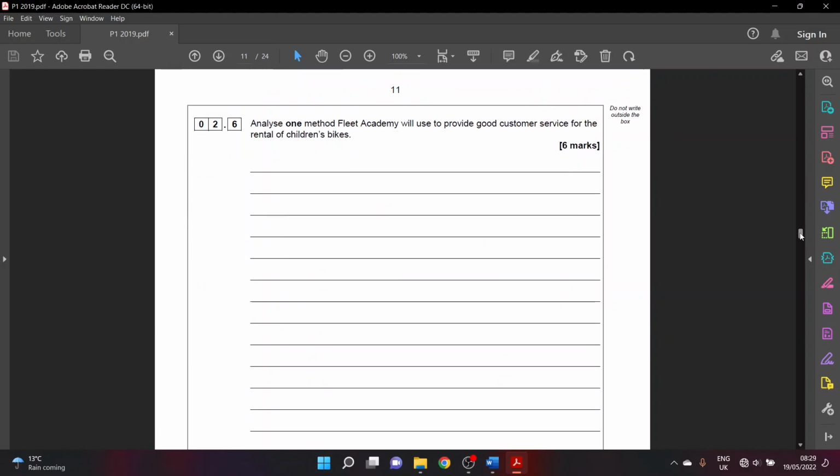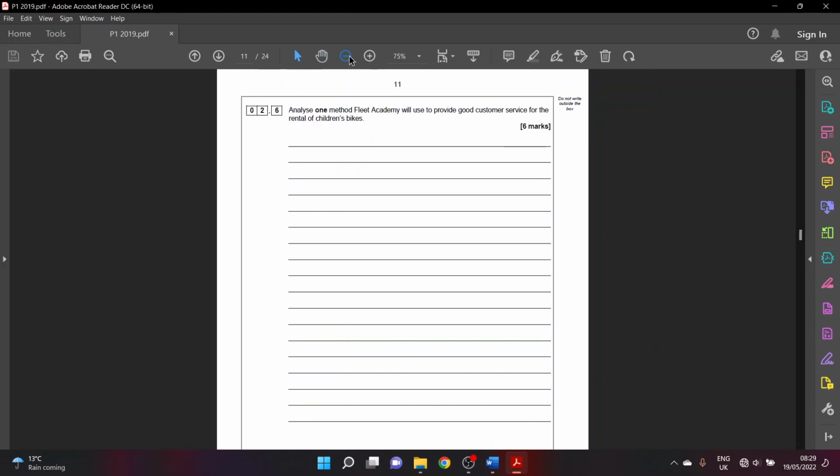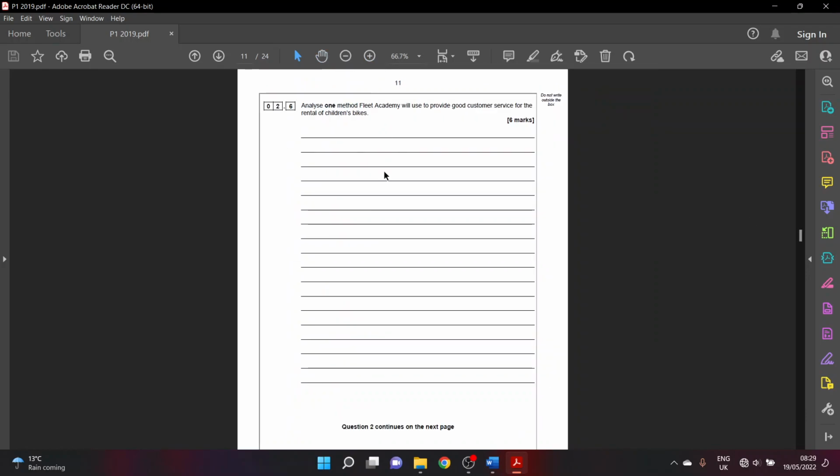Here we've got our first 6-mark question. People ask how much to write. You can think that the exam board is going to give you this much space. If you've got normal handwriting, they expect you to be able to answer within this space. If you've got small handwriting, you might not use all of it. If you've got big handwriting, they will have catered for that.